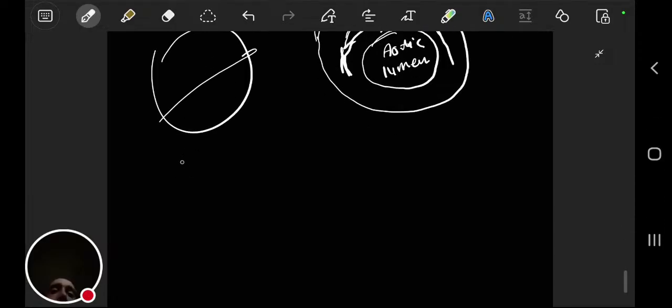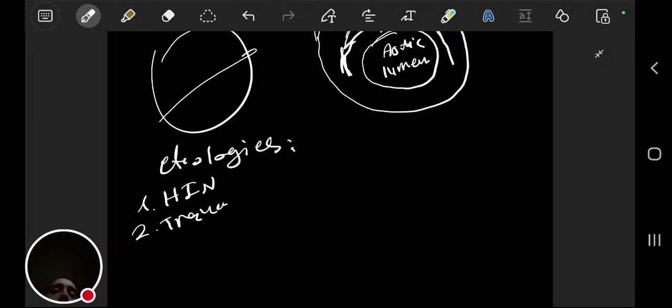The etiologies are quite similar to aortic dissection: hypertension, trauma. Clinically, it may be just the same as dissection: chest pain, back pain.